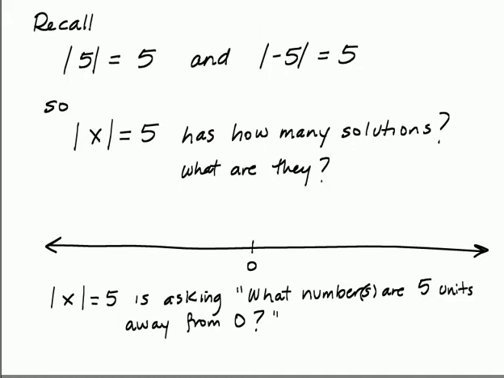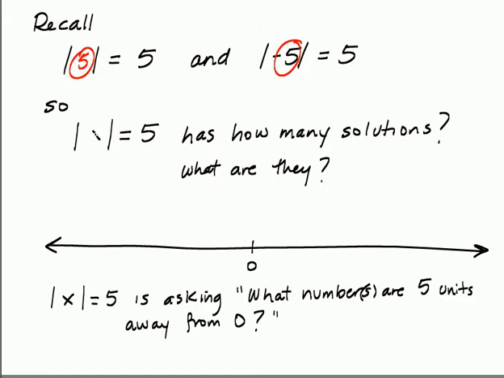So if we see the absolute value of x is equal to 5, that's saying, what could you put in that absolute value and make that work? Well, I can think of two numbers that could go in there. You could put a +5, as we saw up here. That would work. You could have a -5 in there. That would work.